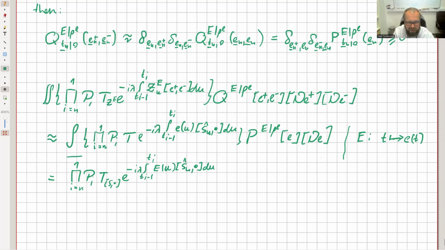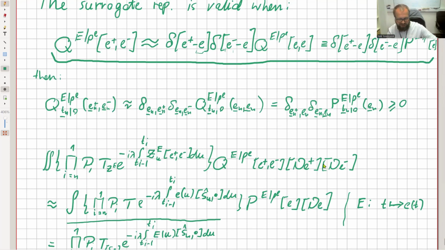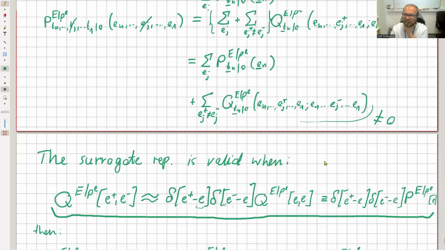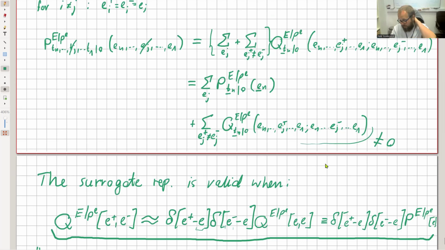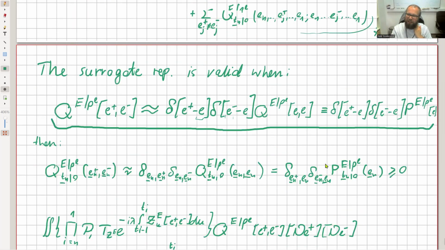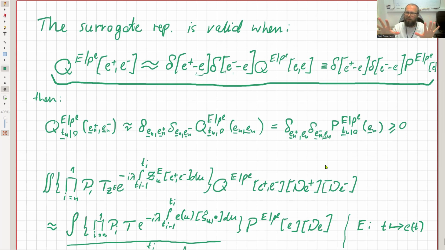So we have this stochastic average. This is the secret sauce, the secret ingredient of this whole thing. For external fields to appear in quantum mechanics, you have to have a coupled system and focus on one of the systems, so you turn into an open system scenario.